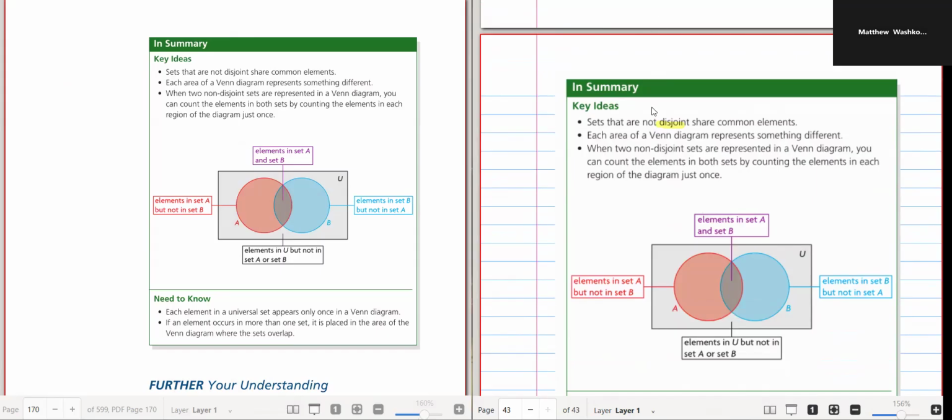Sets that are not completely separate share common elements. We'll say that.